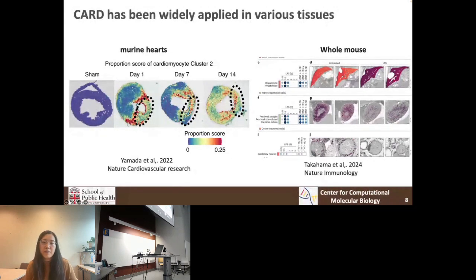And a recent paper published in Nature Immunology used CART to estimate cell type proportions by computing the changes in the abundance of about 195 cell types across 9 organs. Here they show the liver, kidney, and colon tissues, and CART can provide novel biological insight into the cellular heterogeneity and its spatial distribution.